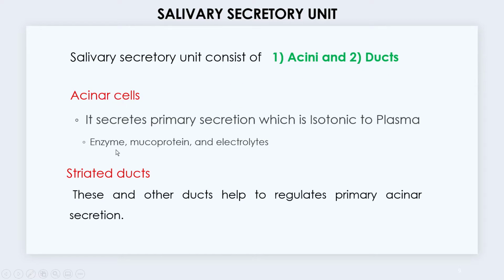The acini consist of acinar cells, and they secrete a primary secretion which is isotonic to the plasma, meaning very near to the concentration of the plasma. The concentrations of sodium, chloride, potassium, bicarbonate are almost similar to the concentration of plasma.